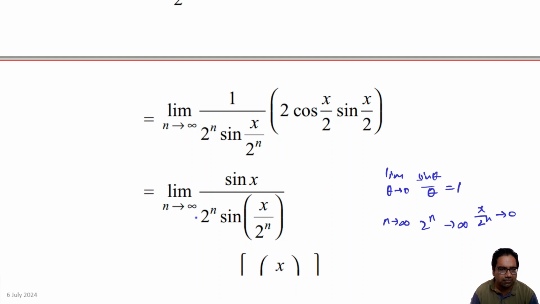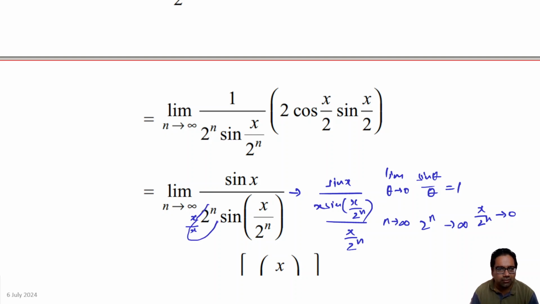Okay, so let's do one thing. Let's multiply with x and divide with x here. So this part we can write as sin(x/2^n) divided by x/2^n, into x.